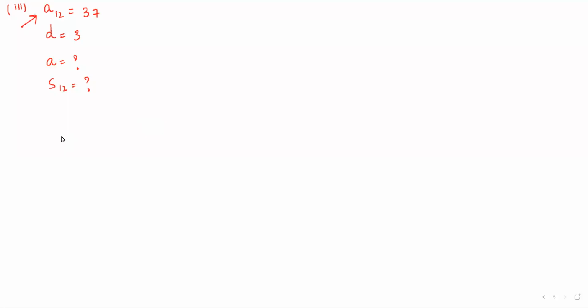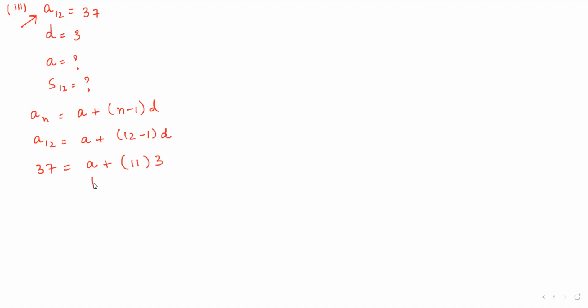So you start with the AN formula, right? AN is A plus N minus 1 into D. Now A12 is given. So my A12 becomes A plus 12 minus 1 into D. So I can write 37 is equal to A plus 11 into D, and D is also given, that is 3.